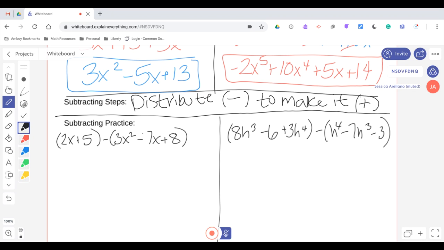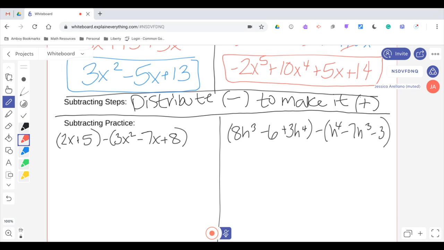While you're writing them down, let me explain why. If I were to just look at this first problem, 2x plus 5 as a polynomial minus the polynomial 3x squared minus 7x plus 8, when I go to combine the 2x and the negative 7x, I have to remember that I'm subtracting. So it'd really be like 2x minus negative 7x, and that can be really hard to remember to do.